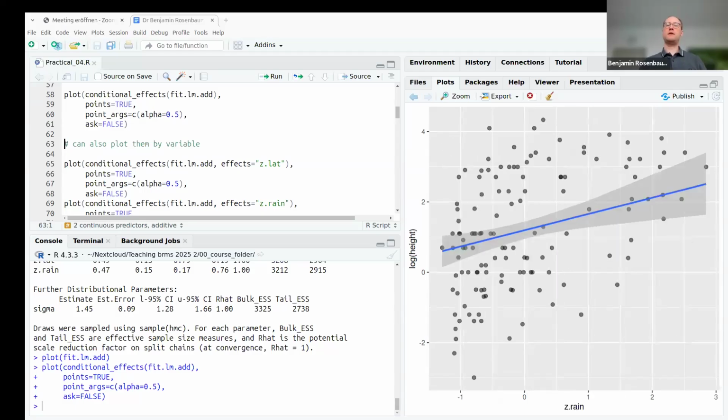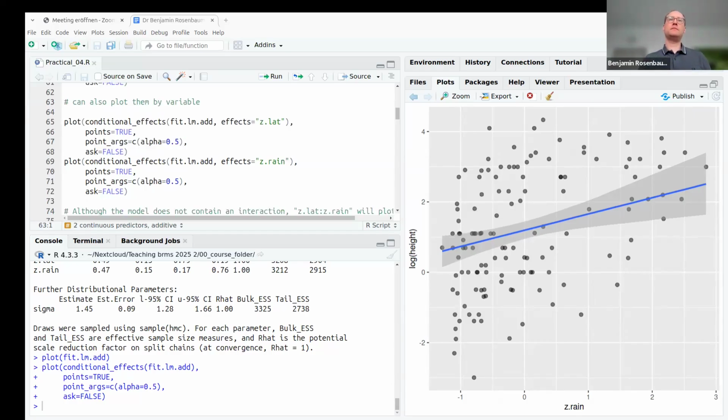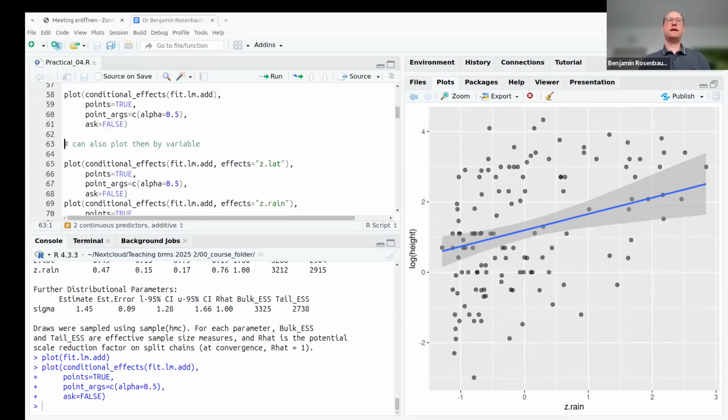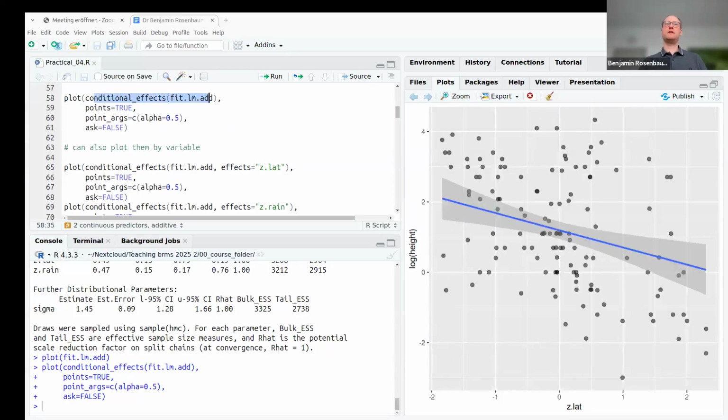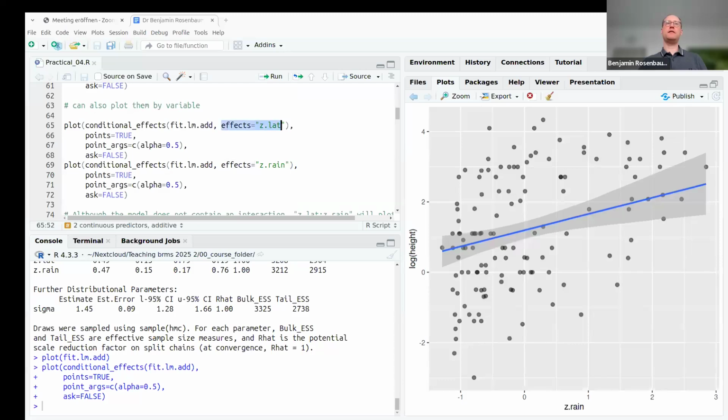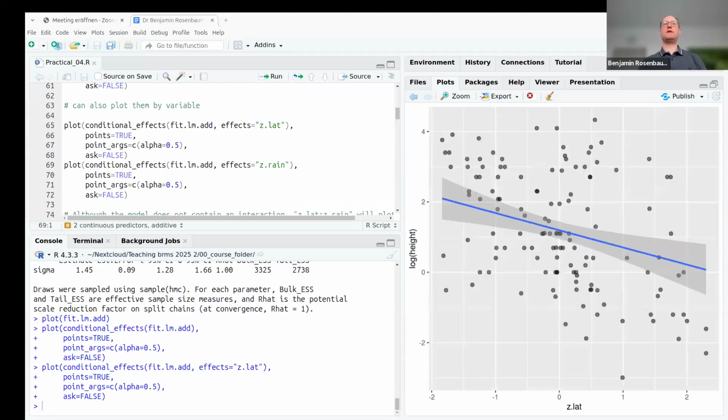Remember, there's always the second predictor involved. We always have to choose a value for the second predictor if we want to make predictions. Here it is just chosen to be at its mean level. If you don't specify anything in the conditional effects about the effects, then both of them are plotted. But if you specify the effect, you get the individual plots.